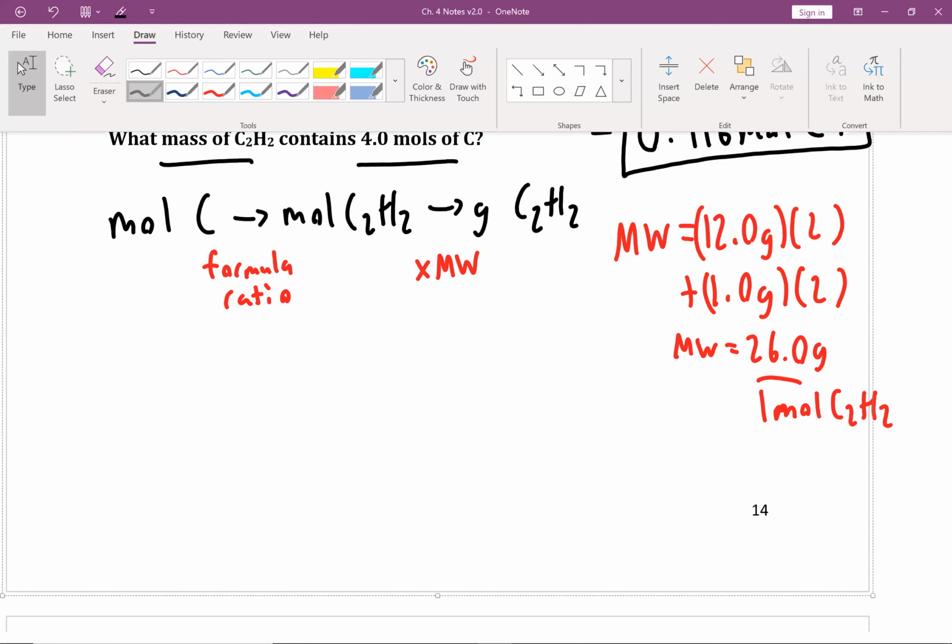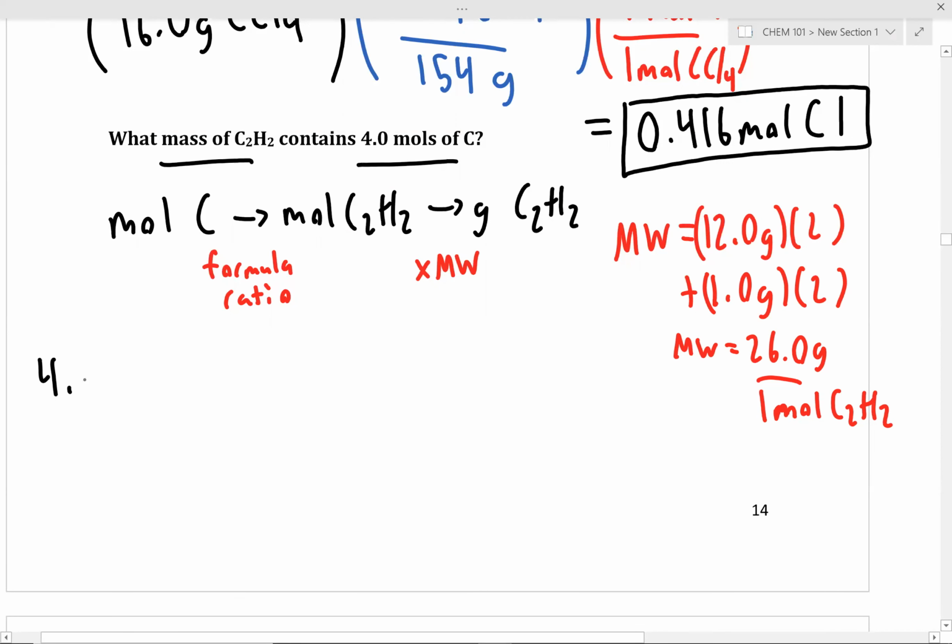So let's just finish this problem off. So if we have 4.0 moles of carbon and we're going to moles of C2H2, what units need to be on top? Moles of C2H2, exactly.